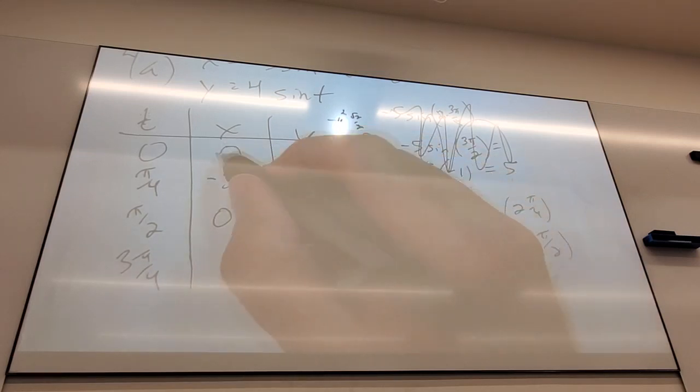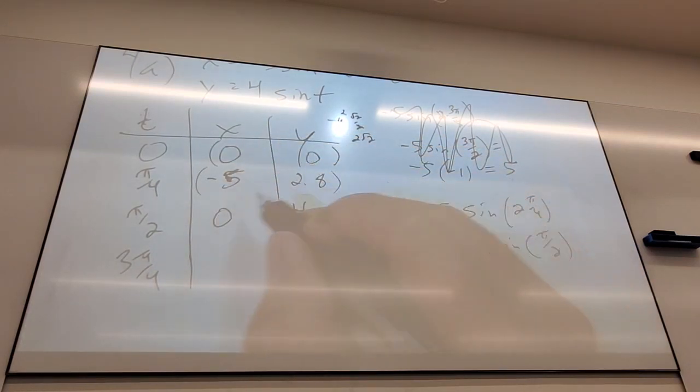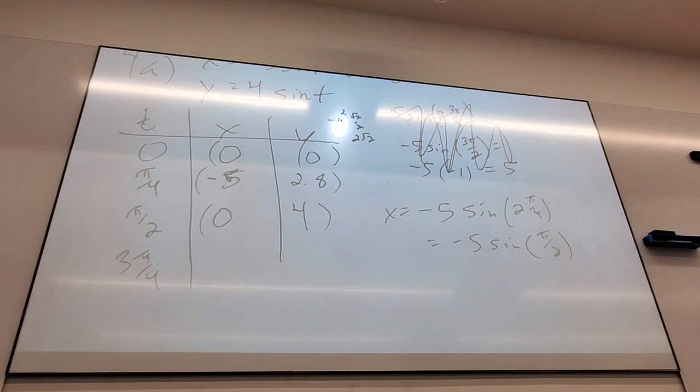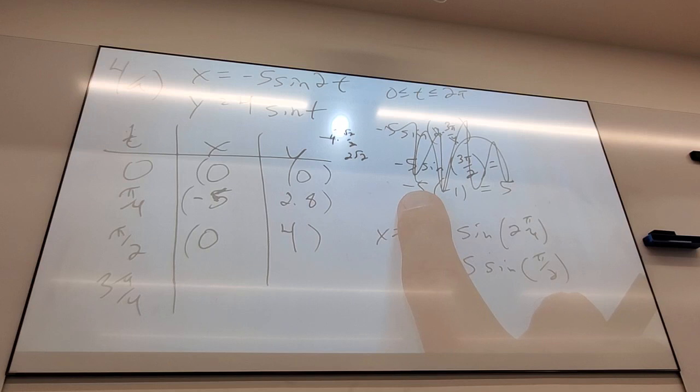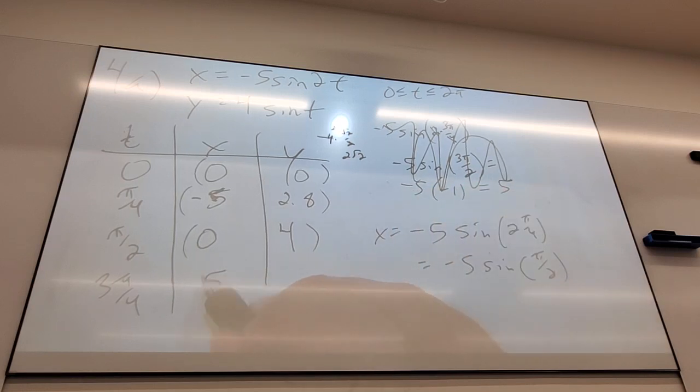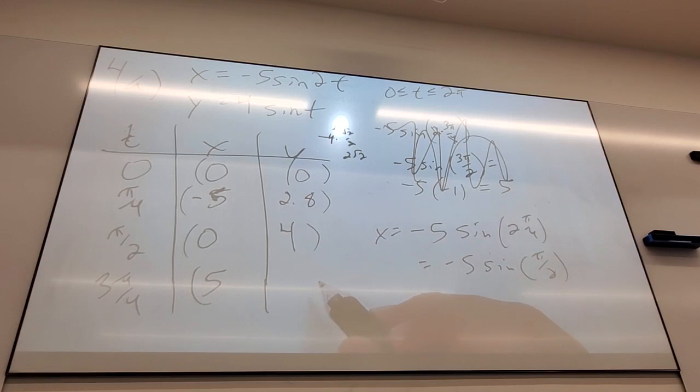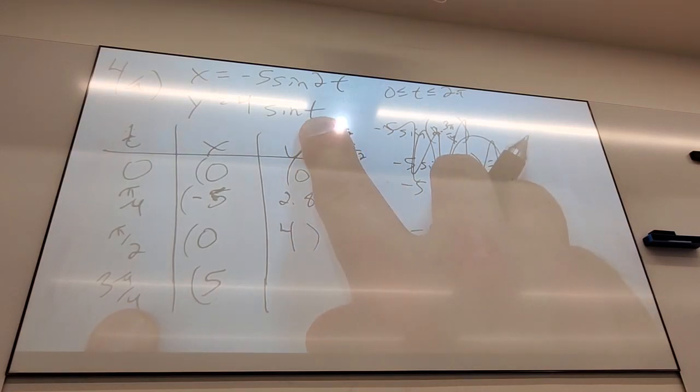So I'm just creating points so that I can graph in a minute, right? 3 pi over 4 we already did a little early. It's still here. I could have just left it here. That's where the sine comes out to be negative 1 times negative 5 is positive 5. What's sine of 3 pi over 4?